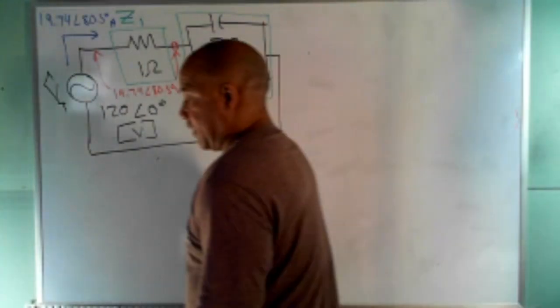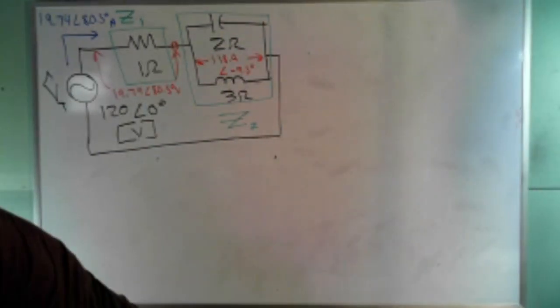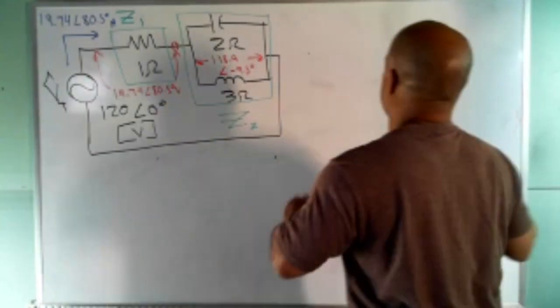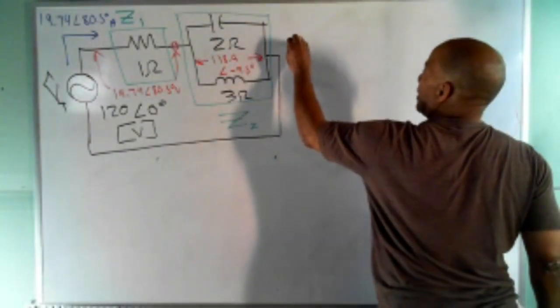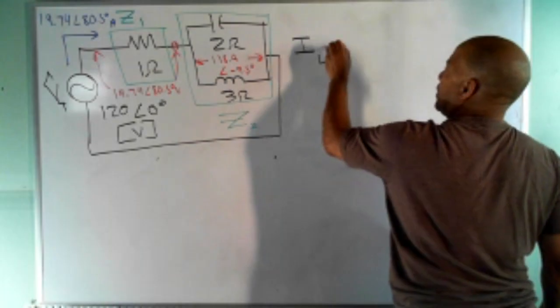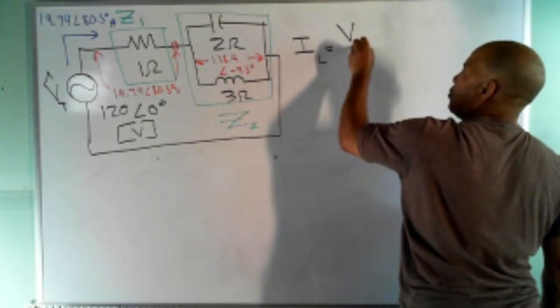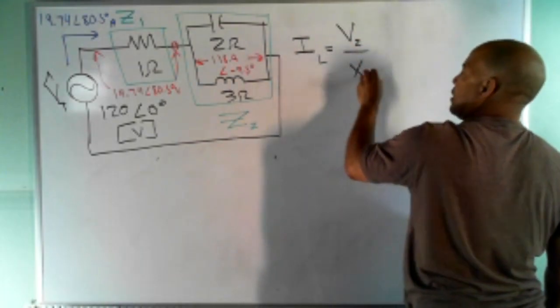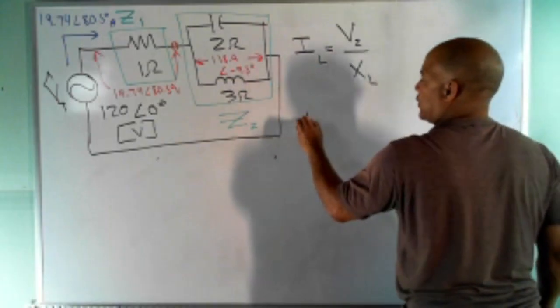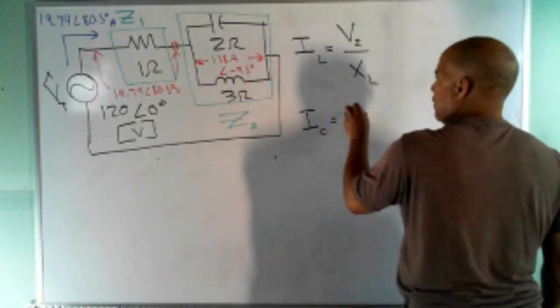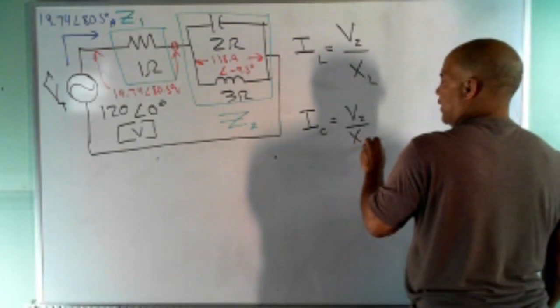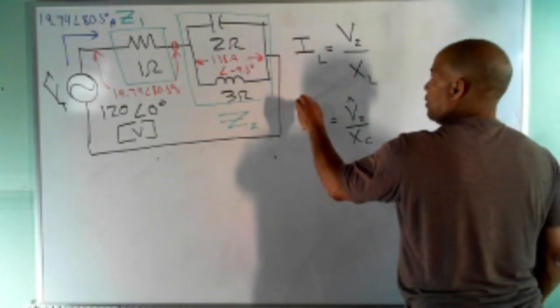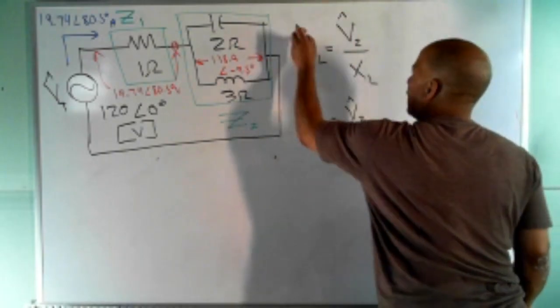All right, so if I do that, IL is just going to be V2 over XL, and IC is V2 over XC. And those are all phasors, so I write it like that.